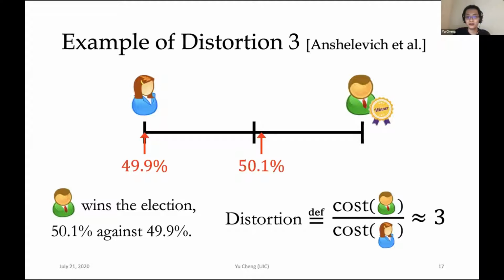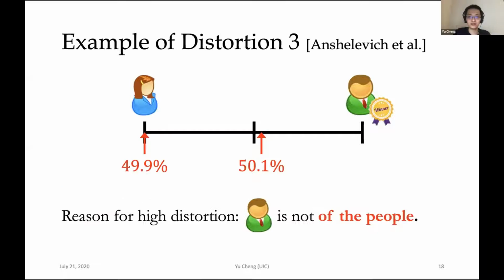Okay. All right. Good. So what's the problem with this instance? Right? Why are we incurring such a high distortion? Okay. So it turns out one way to interpret this is that the green figure is not of the people.